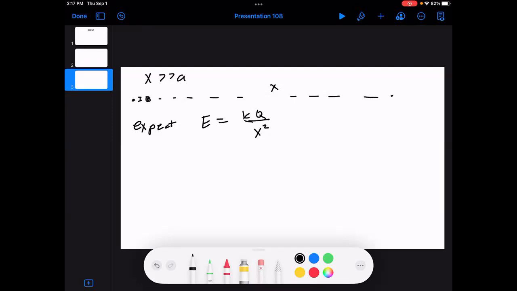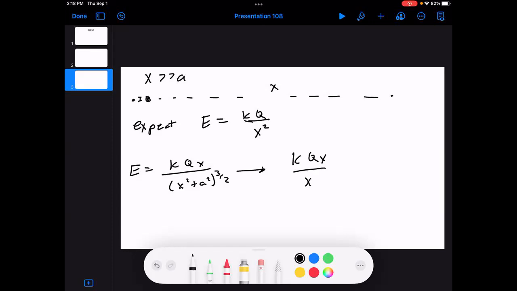Okay, and so again, we'll take the equation that we started with, and we will see if it simplifies down to that. I'm starting with that x squared plus a squared again. But now a is really small compared to x. So what am I going to end up with for x squared plus a squared? X squared, perfect.